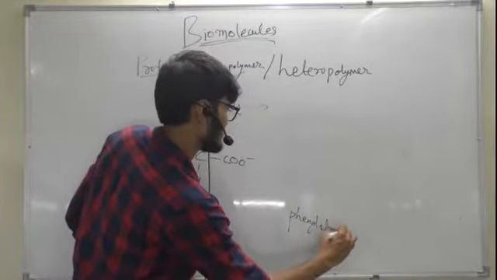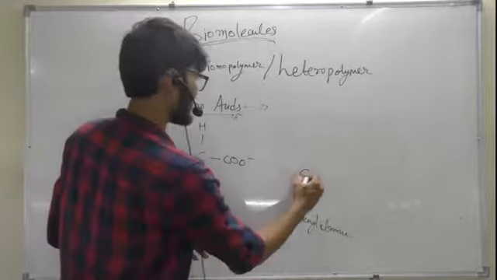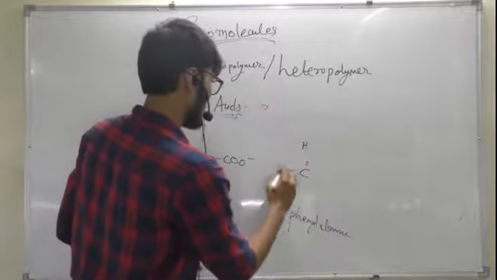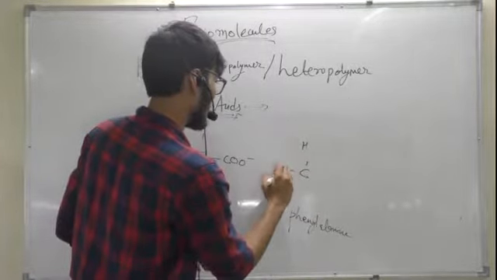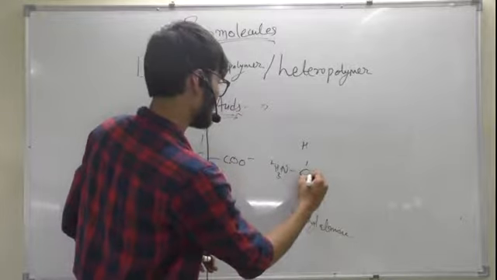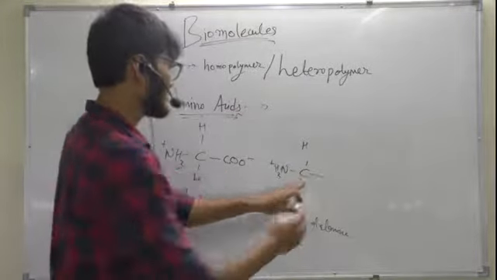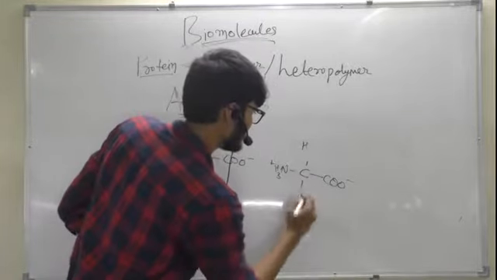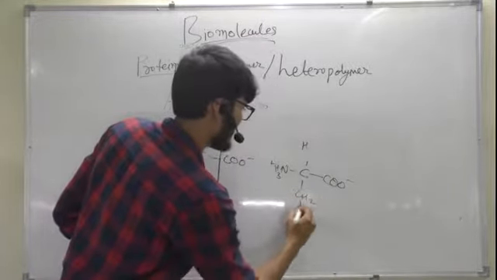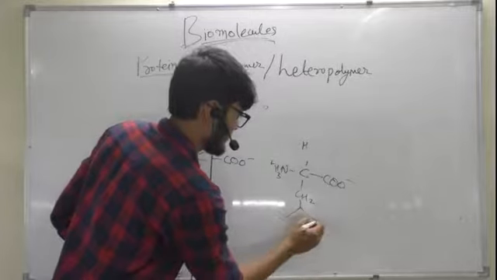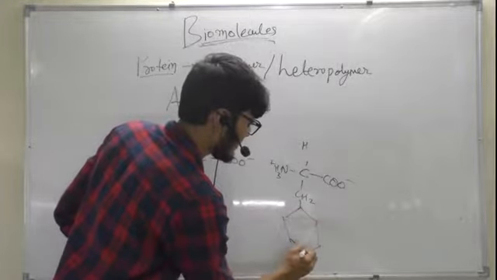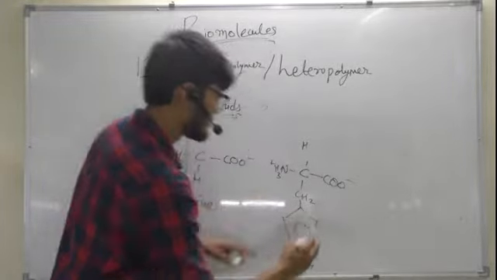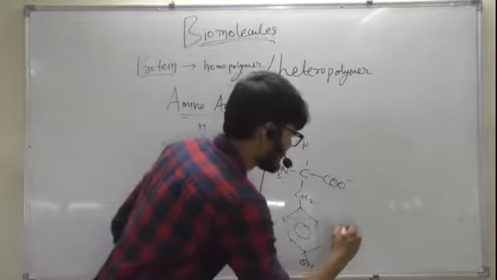Phenylalanine contains a C, here it will be H, again here it will be NH3 plus, COO minus, and it will have CH2, and then there is this phenyl ring and OH group. So this is phenylalanine.